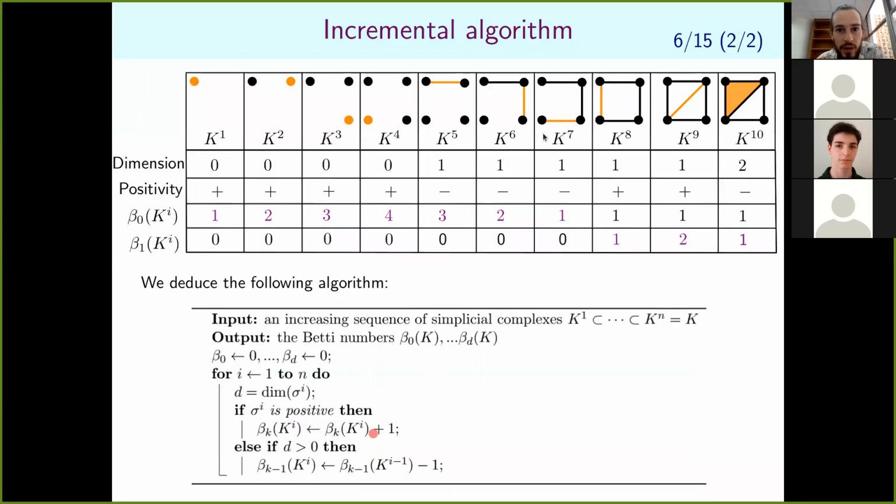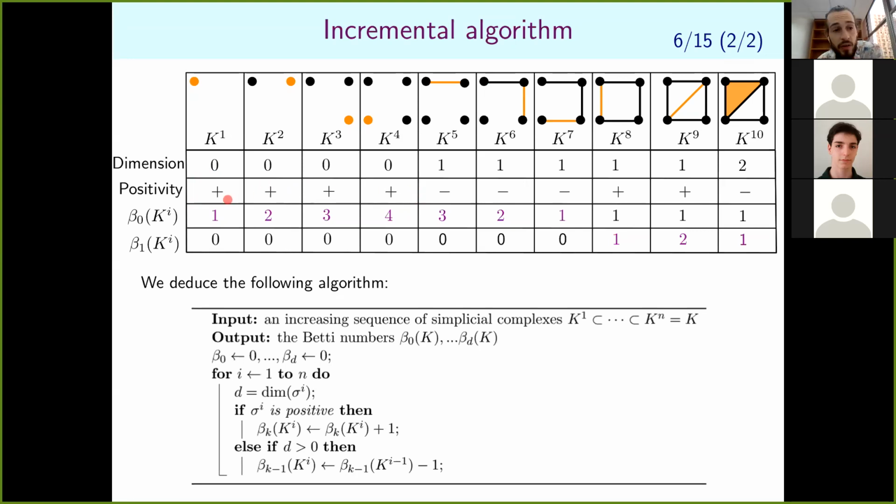Let me show you an example. This is the simplicial complex we chose before. I add the simplices one by one, and for each of them, I verify whether it is positive or negative. All the vertices are positive, as we have seen, because their boundary is 0.